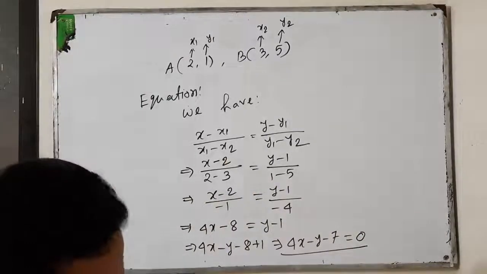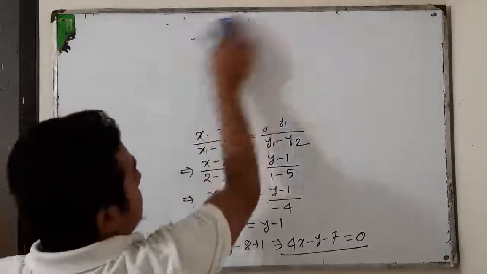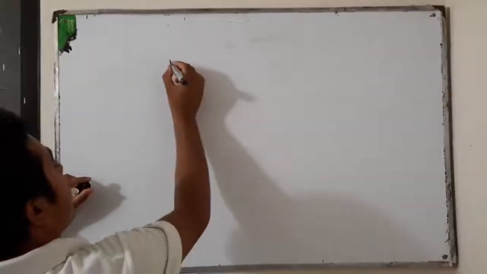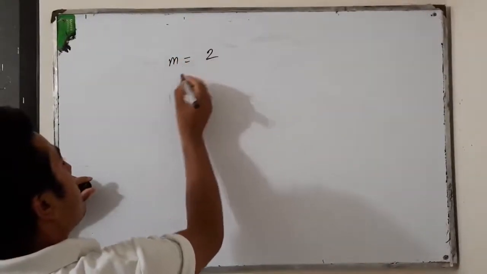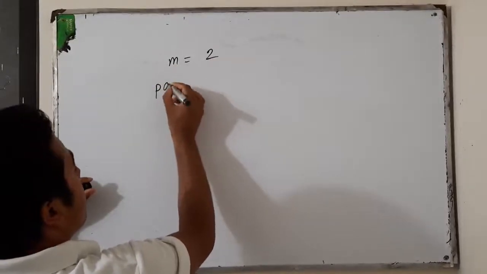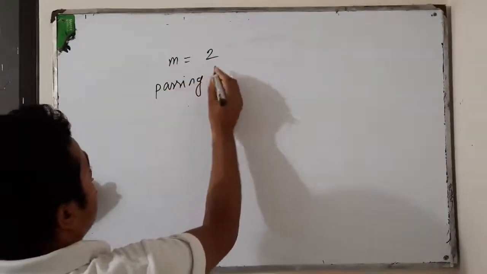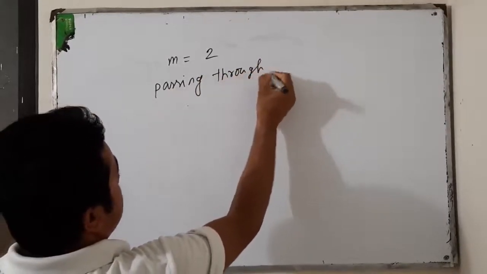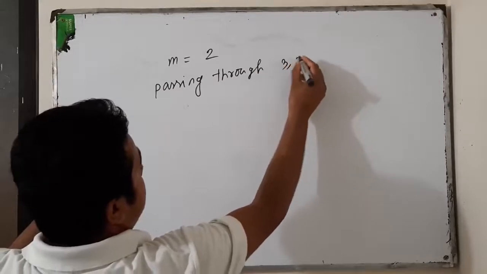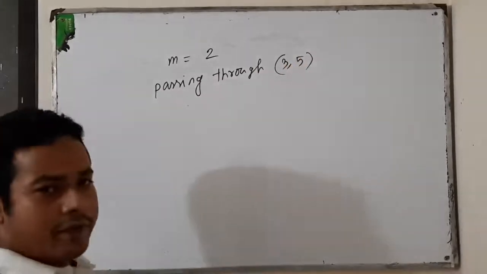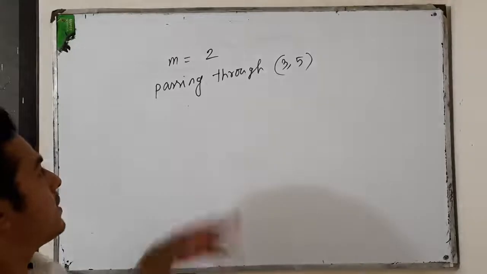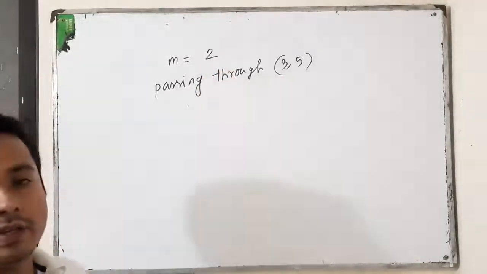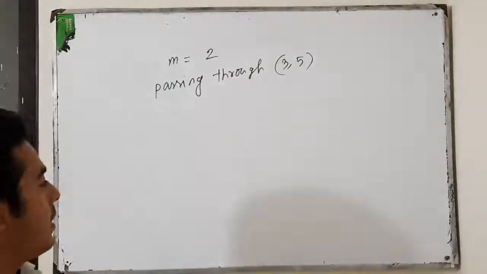Now another way, for the second formula of the equation of a straight line: if the slope m is equal to 2 and the line passes through the point (3, 5). If any straight line has slope 2 and passes through this point, what will be the equation of the straight line according to our second formula?